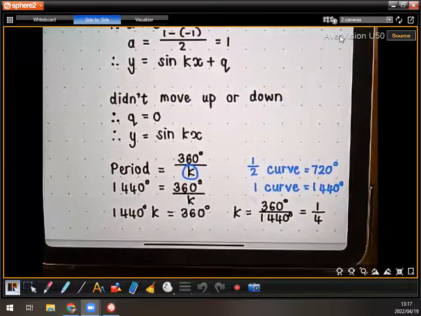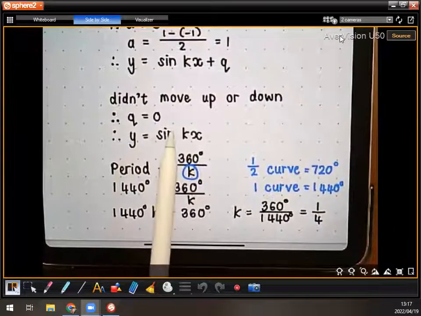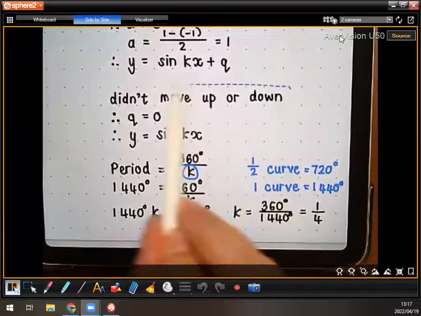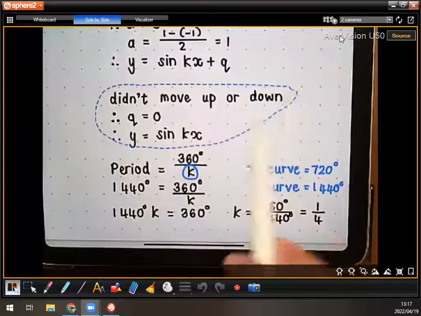So what is my equation? y is equal to sine 1 over 4 x. Okay, you can just write that down.